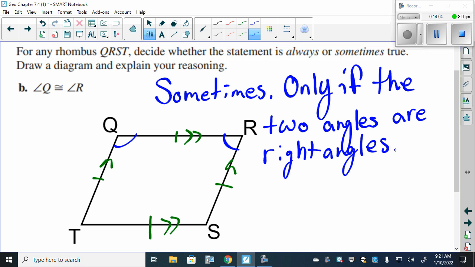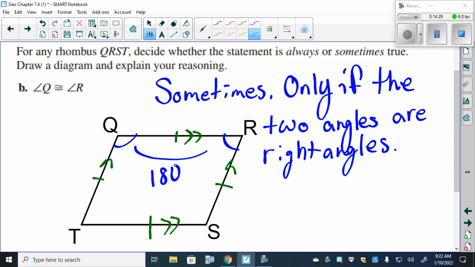So the only way that Q and R can be the exact same is if they are both right angles. They're both 90 degrees. That way they add together to be 180. But any other setup, the two angles would not be congruent. Because there's no other way for these two angles to be the exact same and still add together to be 180 degrees.